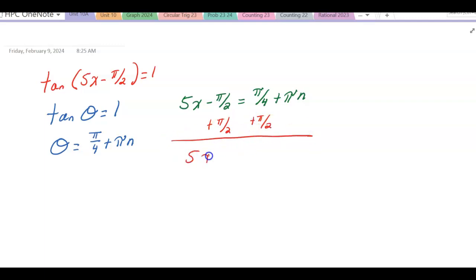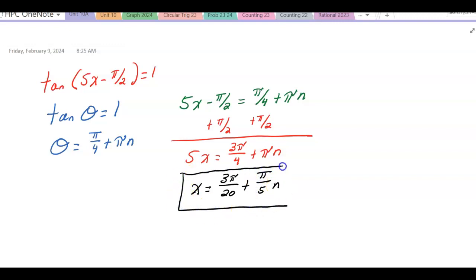So you're going to get 5x is equal to, when you get a common denominator, 3 pi over 4 plus multiples of pi. And then you would divide everything by 5, or multiply by 1/5. So you get 3 pi over 20 plus pi over 5 n. So this would be all of the solutions.